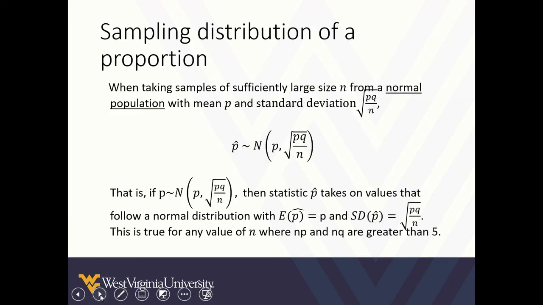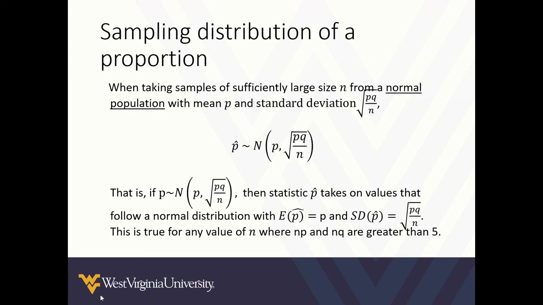So for us, the sampling distribution of a proportion is when we take samples of a sufficiently large sample size n from a normal population with mean p and standard deviation square root of pq over n, and we'll say that our sample proportion p hat is going to approximately follow the normal distribution with mean p and standard deviation square root of pq over n.